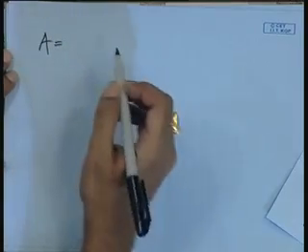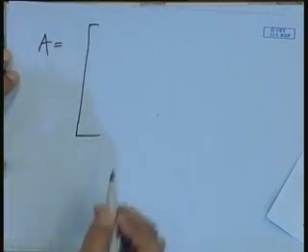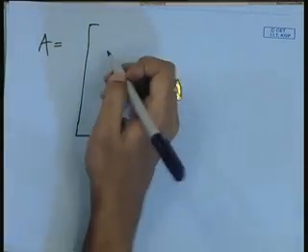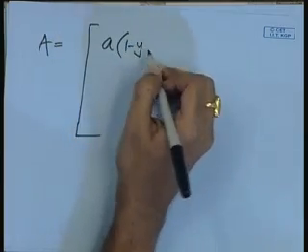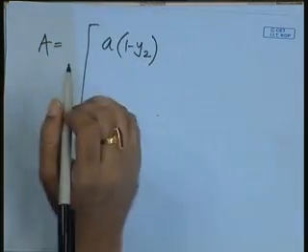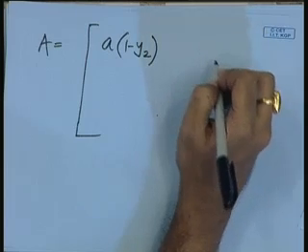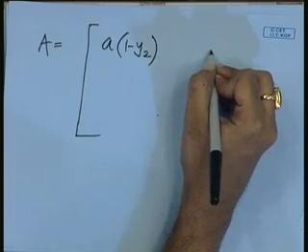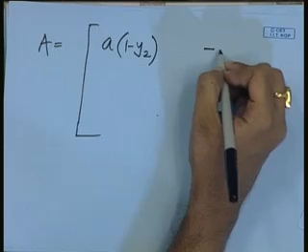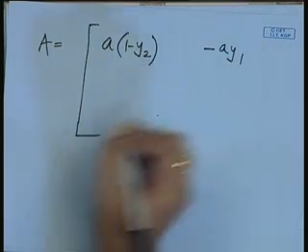So A would be: the first term is del F1 del Y1, and that is simply A times 1 minus y2. Then the next term, del F1 del y2, is minus A y1.